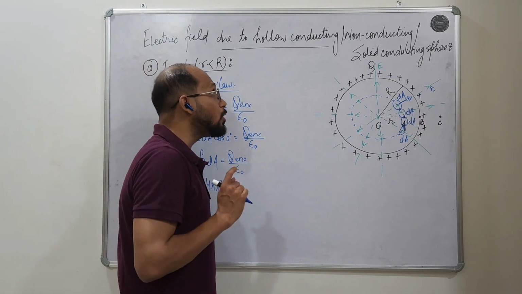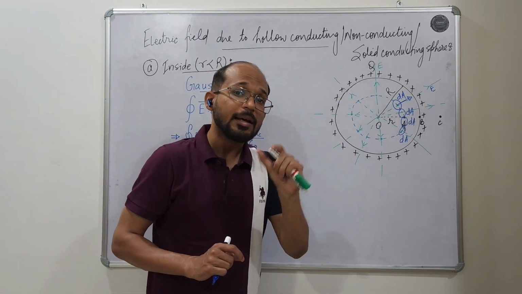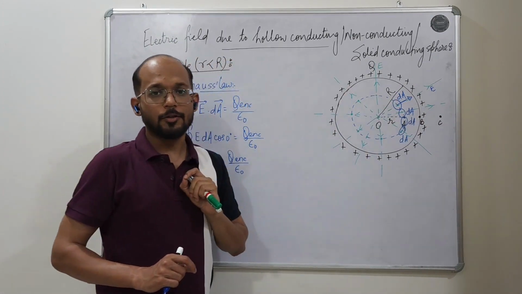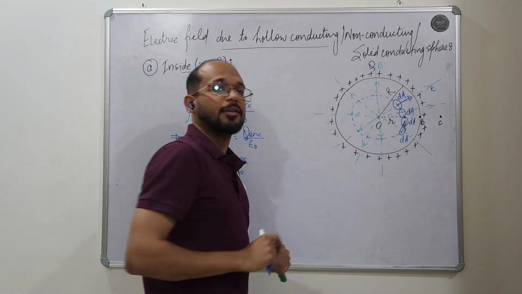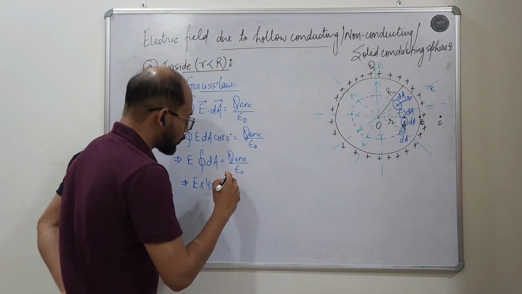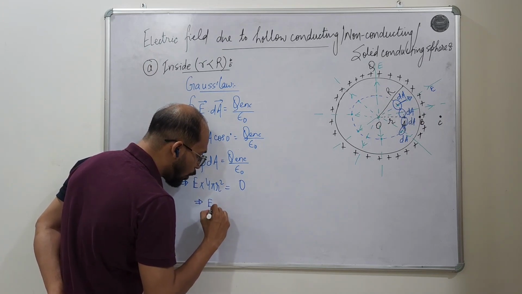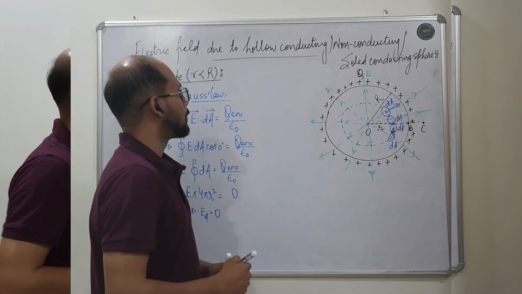As I have already told you, in the case of a hollow conducting, non-conducting, or solid conducting sphere, charges always reside on the surface of the sphere. That means the total charge enclosed inside this Gaussian surface is 0. So this will be equal to 0. That means the electric field at point A, or inside the sphere, is 0.